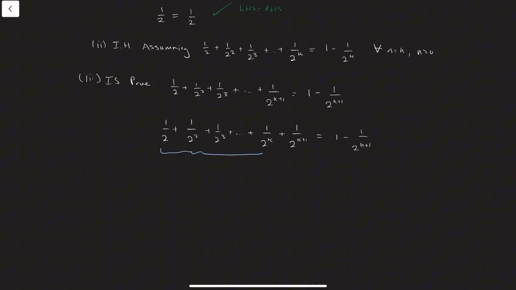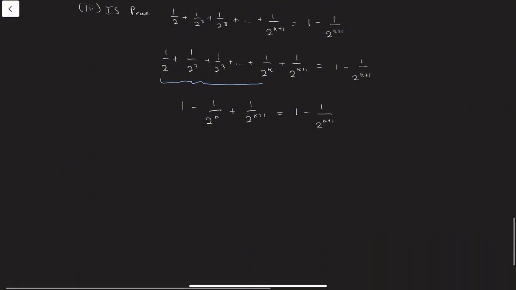Just like in the previous example, this is our induction hypothesis: we're assuming that the first part is equal to 1 minus 1/2 raised to the kth power. So we can say this is equal to 1 minus 1 over 2 to the k plus 1 over 2 to the k plus 1, and that needs to equal 1 minus 1 over 2 to the k plus 1.